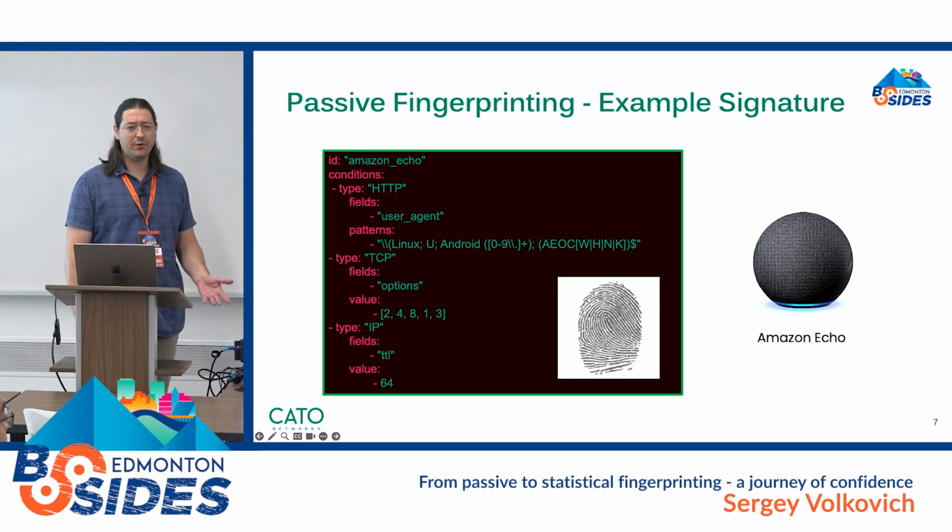An example fingerprint, analogously to the fingerprint of a human being, is some specific collection of conditions which helps us identify a device. In this case, this is a fingerprint for Amazon Echo, the smart speaker controlled by a voice assistant.